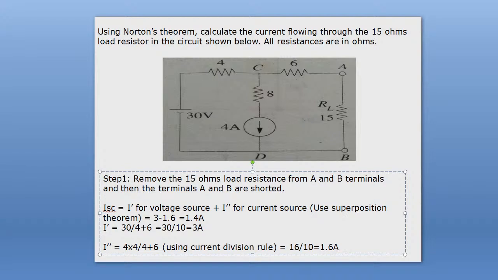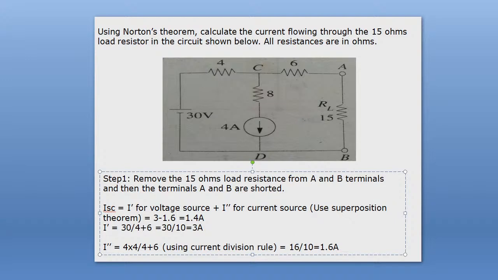Don't sum up these two current values, because you see the directions of current are different. One is clockwise direction and another one is in anti-clockwise direction. So everyone must remember the direction of current which flows through the load resistance or any branch element.